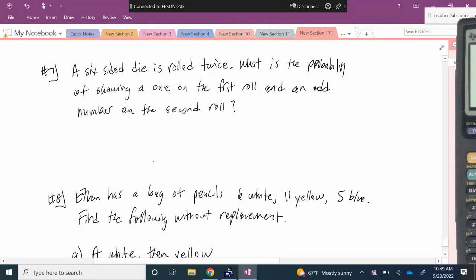All right, so it says that it's rolled twice, so I'm going to use the fundamental principle of counting. Find the probability of rolling a 1 on the first roll. We're dealing with a six-sided dice, 1 through 6, so there's a total of 6 possible numbers to choose from. How many ways can you roll a 1?